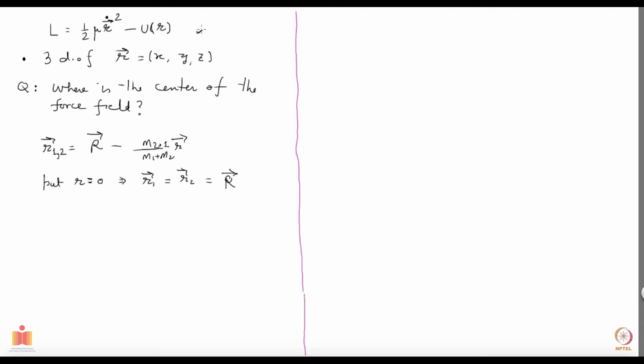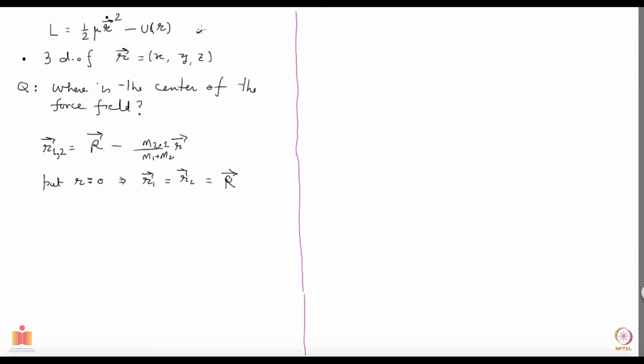So I hope it will not be an issue in understanding. Anyhow, because our potential energy is dependent only on the magnitude of the coordinate small r, it does not matter at what azimuthal or polar angle that point mu is located.